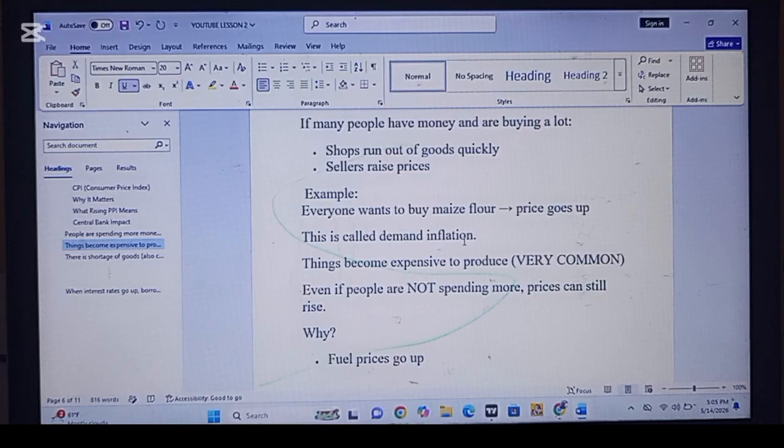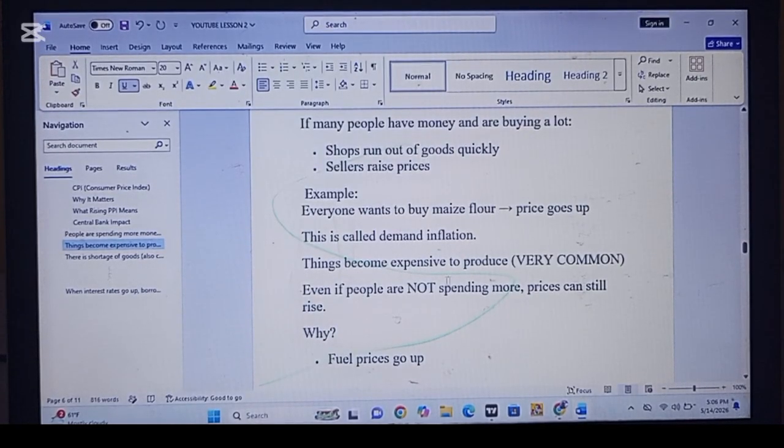So what happened? The prices of unga were so high and people were scrambling for it, and the supermarkets had to limit people to take at least one. But the prices were too high, reaching around 200 and was it 220 or 260? Around there. So that was way back. Right now it is a bit stable, right?